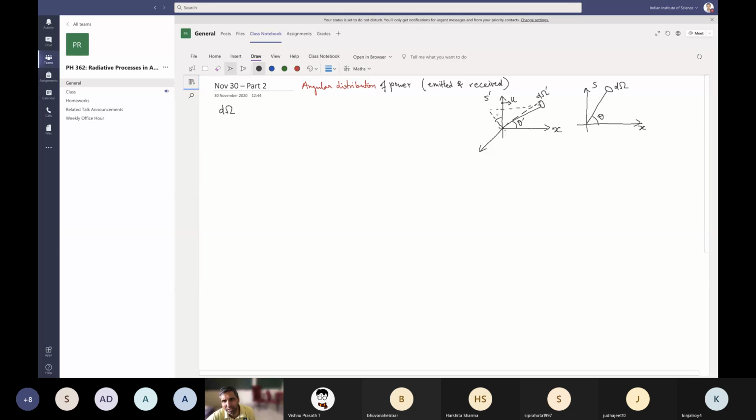This is your azimuthal angle, phi prime. So if this is the direction of motion of the particle, there is theta prime and phi prime, which get mapped to theta and phi, right? Is the geometry clear?